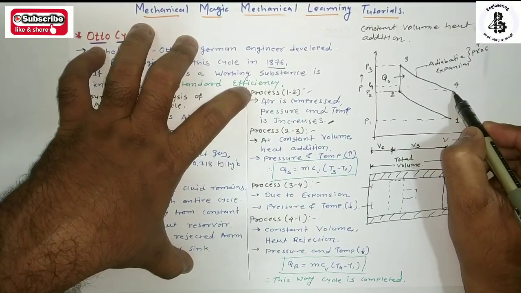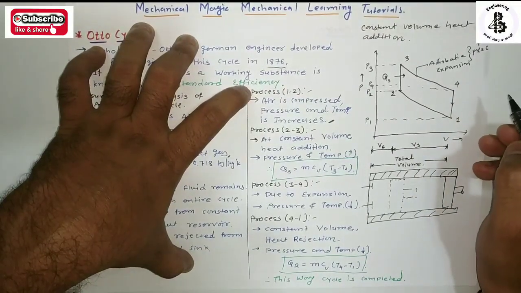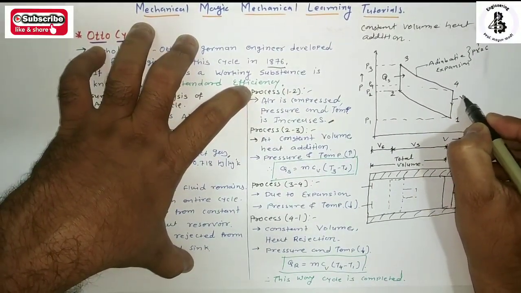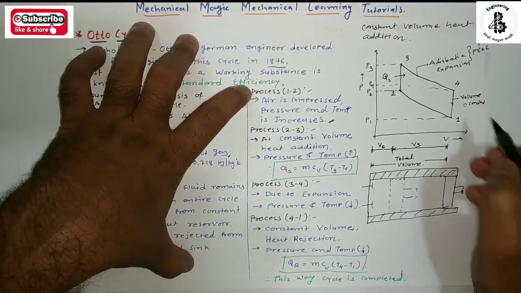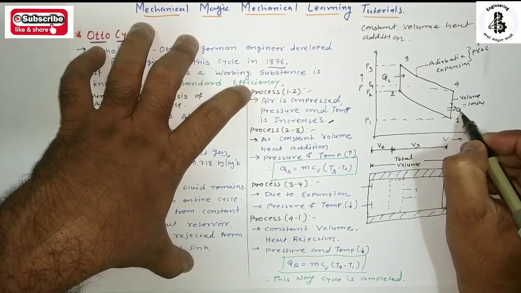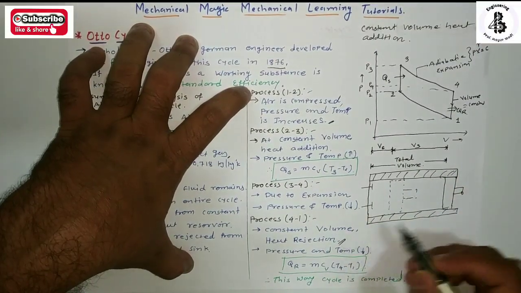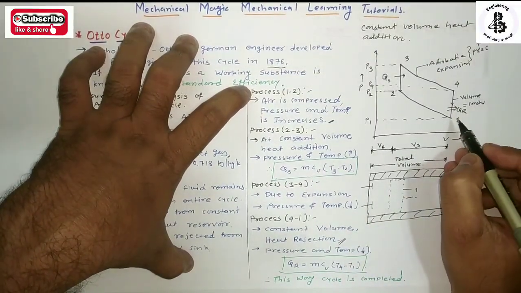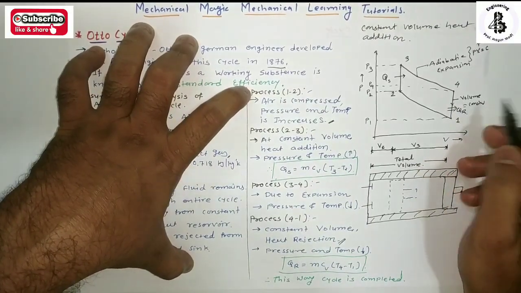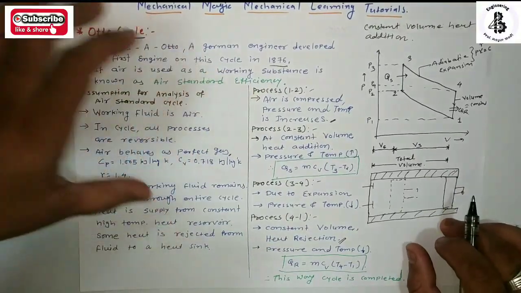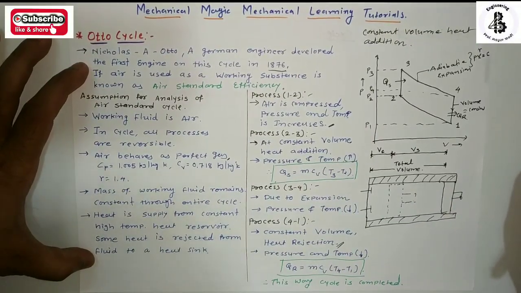And once again, process 4 to 1 is a constant volume process, during which there is heat rejection. So 4 to 1 is the heat rejection process. You can see that it comes back to the pressure P1, and the cycle is completed. That is the Otto cycle, or constant volume heat addition cycle.